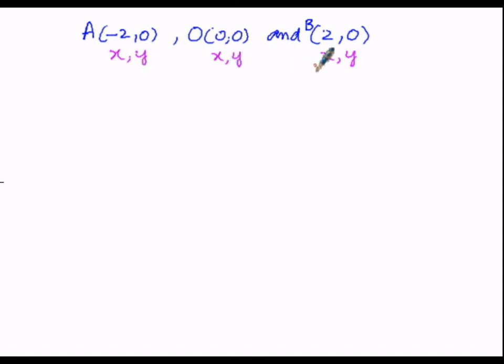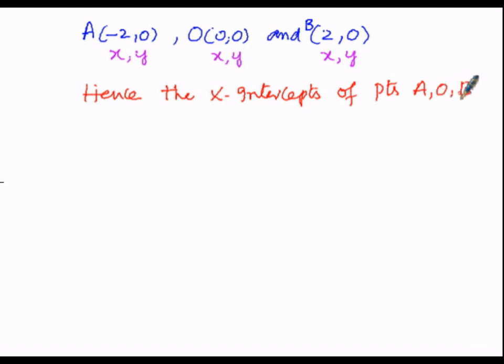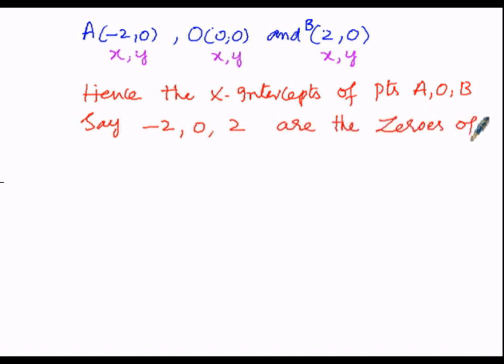Hence we can write, the x intercepts of points A, O, B, that is -2, 0 and 2, are the zeros of the given function.